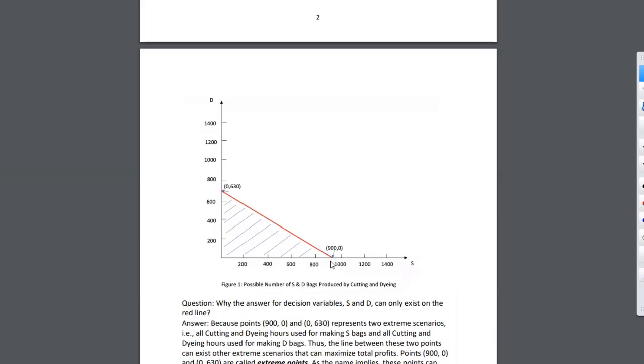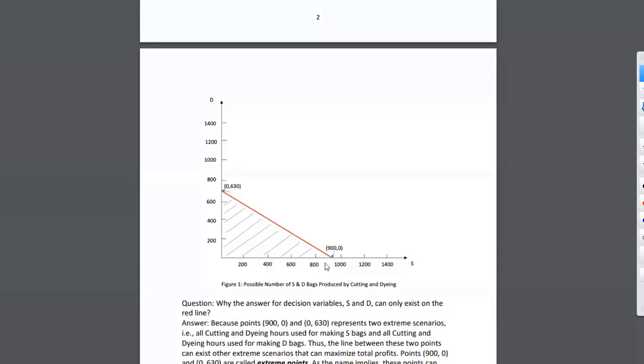Anything that lies on the x-axis means the y-axis equals 0. So I use the y-axis to represent the number of deluxe bags, and I don't want cutting and dyeing to manufacture any deluxe bag. Of course, I can locate 900, 0. This means 900 standard bags, 0 deluxe bags.